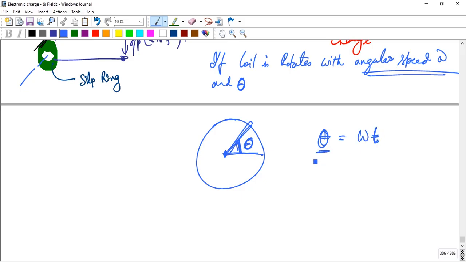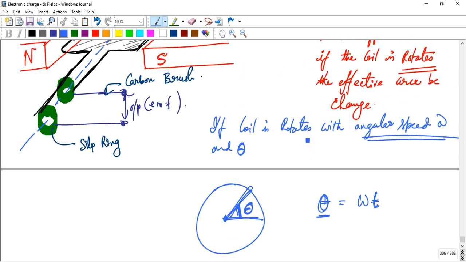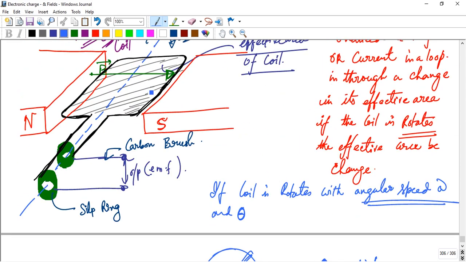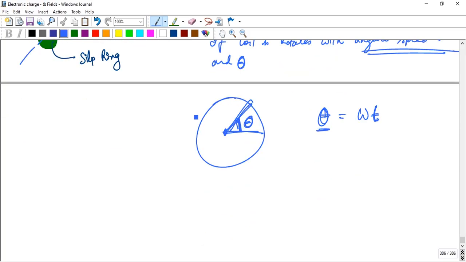Now we know that if the effective area changes, B crossing that effective area means a flux, so the flux is phi B equals BA cos theta, which is BA cos omega t, with theta replaced by omega t.